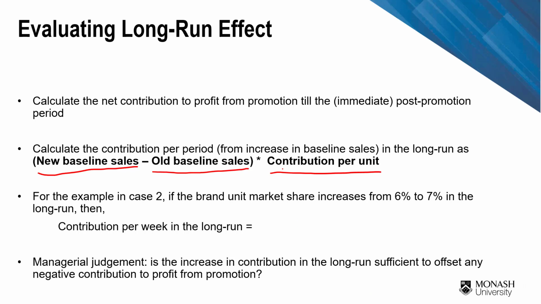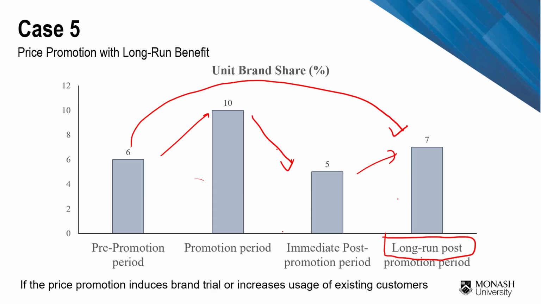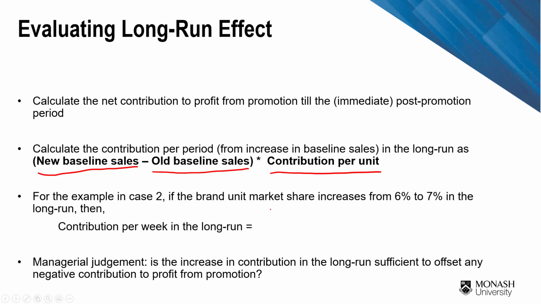So if you think about it, just now we raised from 6 to 7%. So we created our new baseline. So in here, the contribution per week in the long run, we can calculate 7%, that's the new baseline sales, minus the old one, which is 6%, times 100. That's my contribution per unit. And at the same time, I need to multiply by how much I sold.